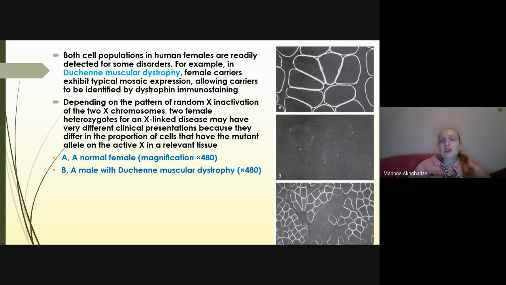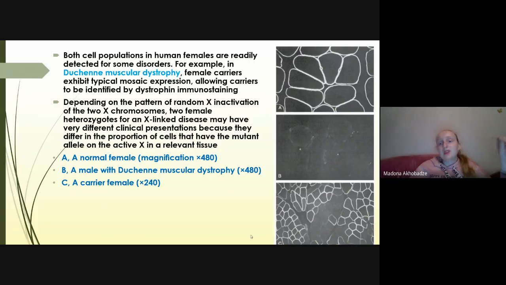It means this is the big H female, and this is the small h female, and this one is big H and small h. Okay, a heterozygous female will look like this. But whether the disease is expressed depends on how much of the disease allele is inactivated.